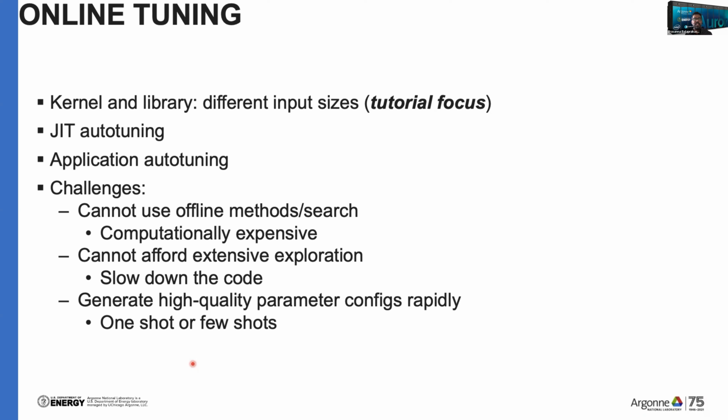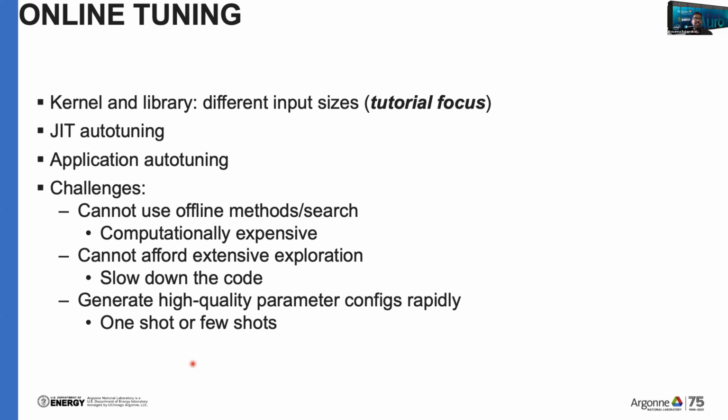For example, in kernel online auto tuning, you say, I want to tune matrix multiplication in an online fashion. How can you do that possibly? Because if the application is using that kernel, you cannot afford any sort of slowdown in that particular kernel execution. So you need to be fast, you need to be efficient, and so on and so forth.